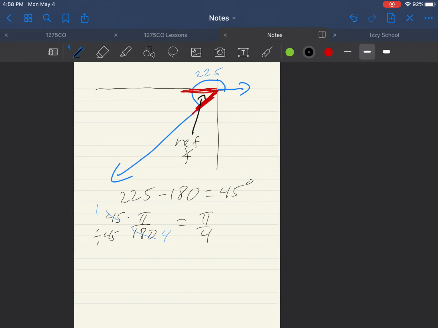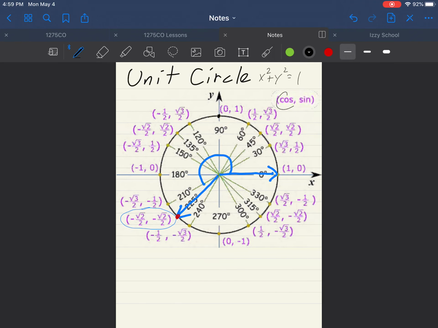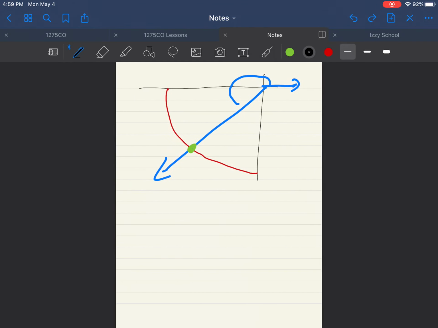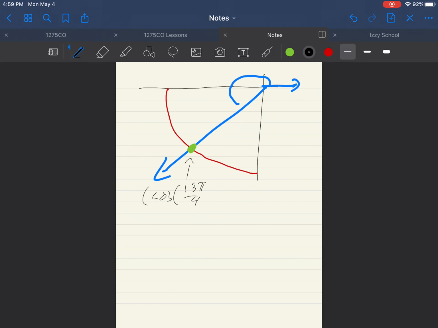Now the unit circle tells us our values as cosine of theta, comma, sine of theta. So this ordered pair over here is the cosine of 13 pi over 4 and the sine of 13 pi over 4.